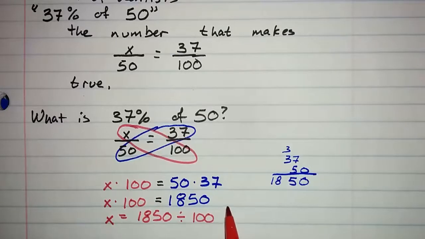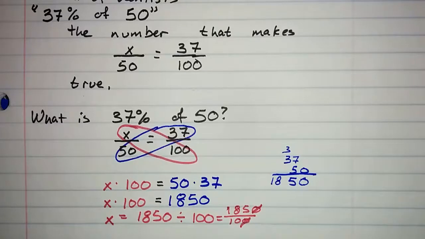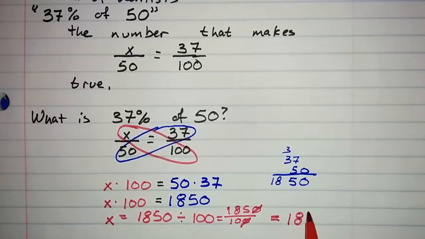Oh, I can write that as a decimal fraction, right? 1850 over 100. I'm going to cancel a common factor of 10. And that's going to be 185. One digit after the decimal point, 18.5.